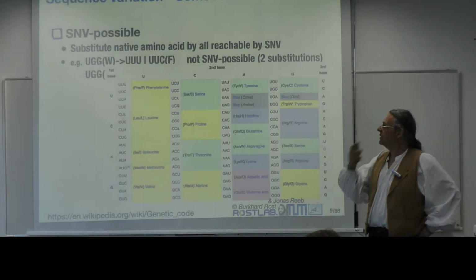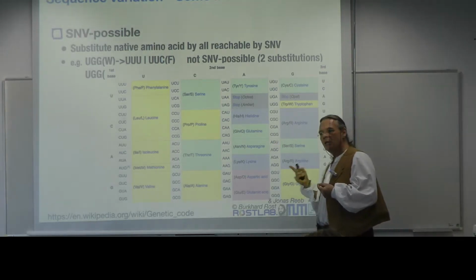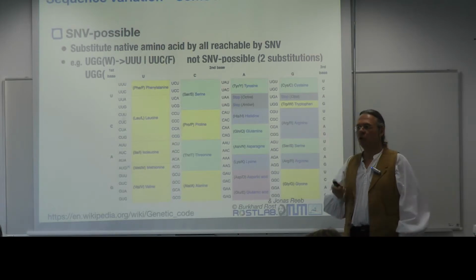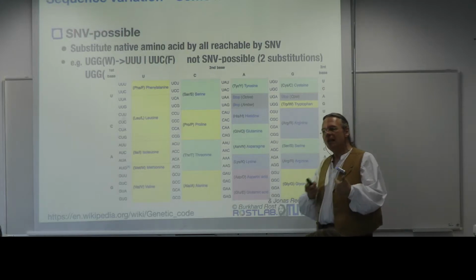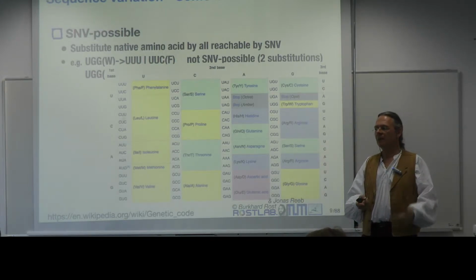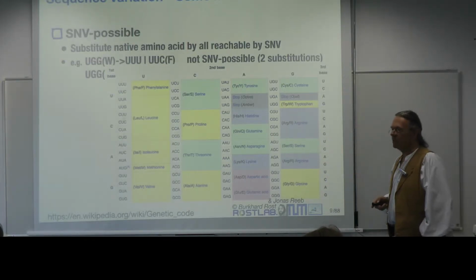SNV possible is simply the question: can I get to an amino acid change with one nucleotide change? Yes or no? Not all 19 non-native amino acids can you reach by one SNV. Some you can, some you cannot. The ones you can are the ones that are called SNV.